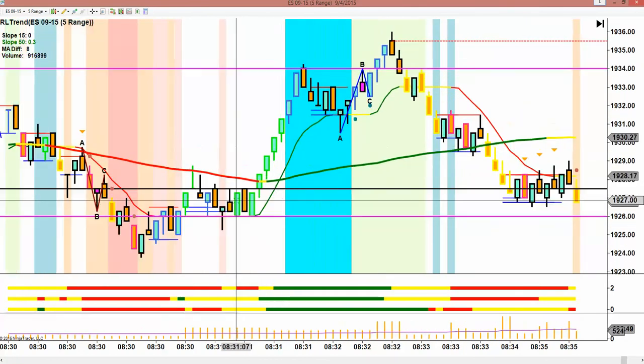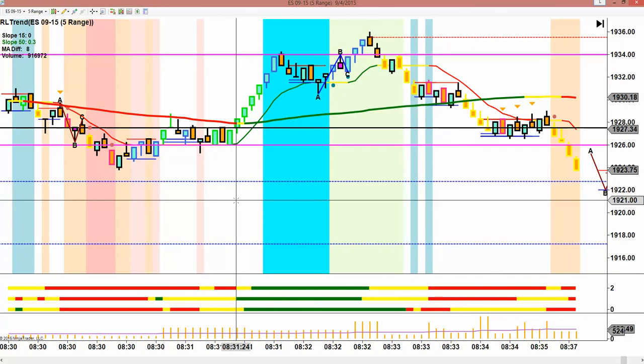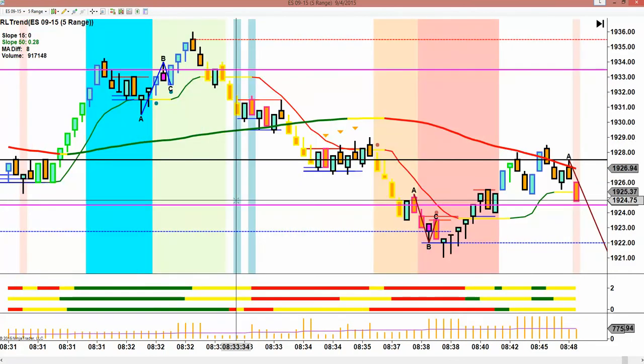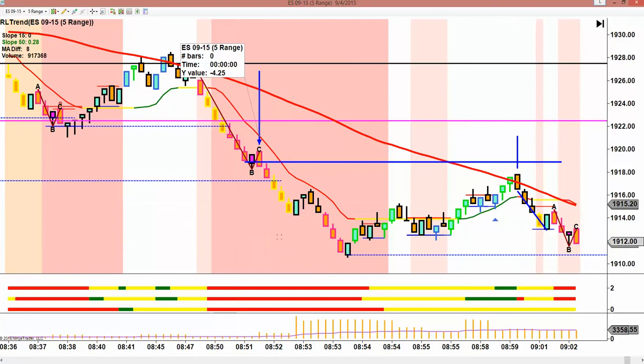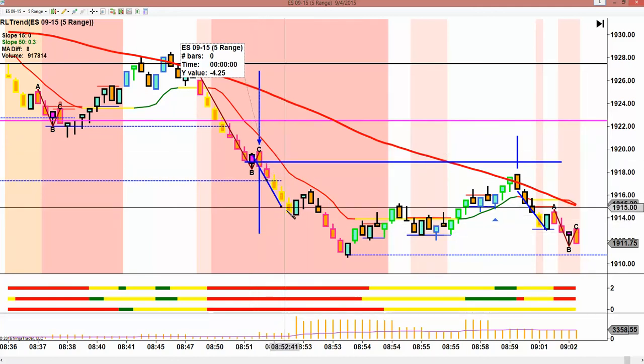And I'm sorry, I'm just looking at our pivot indicator. Right here. And came up. Now, the C candle broke the pivot right here. So it became a broken pivot.